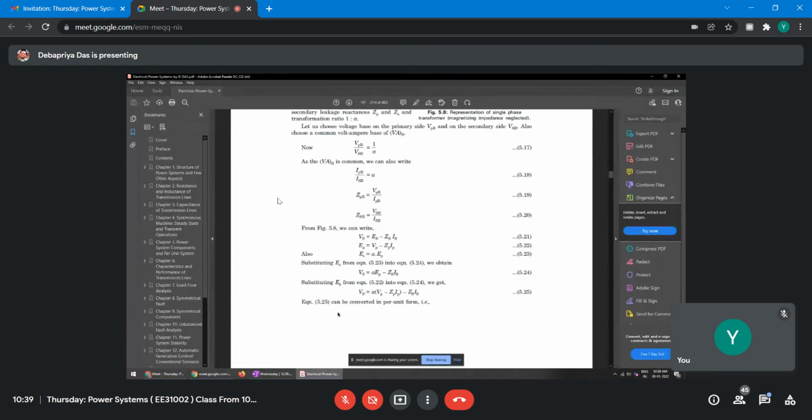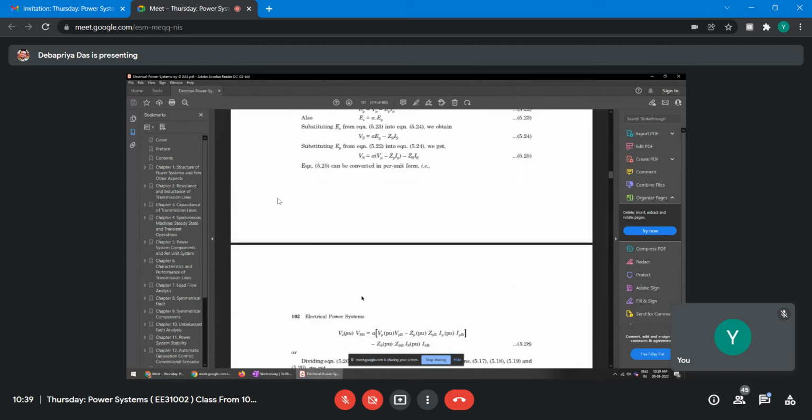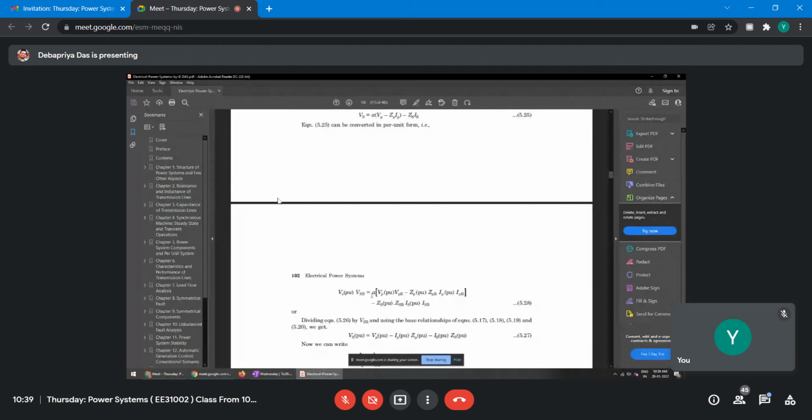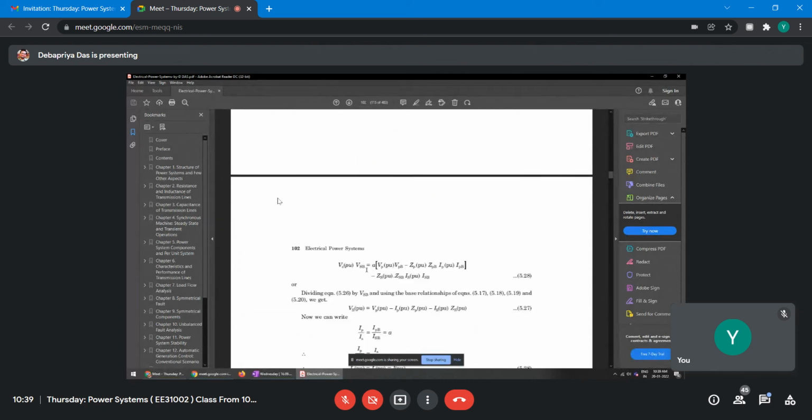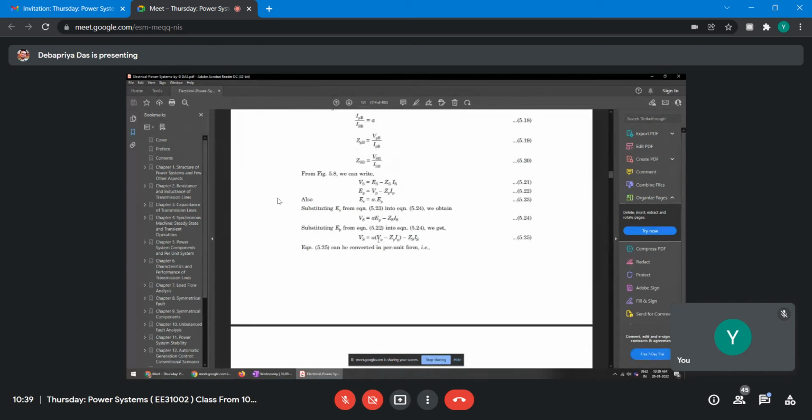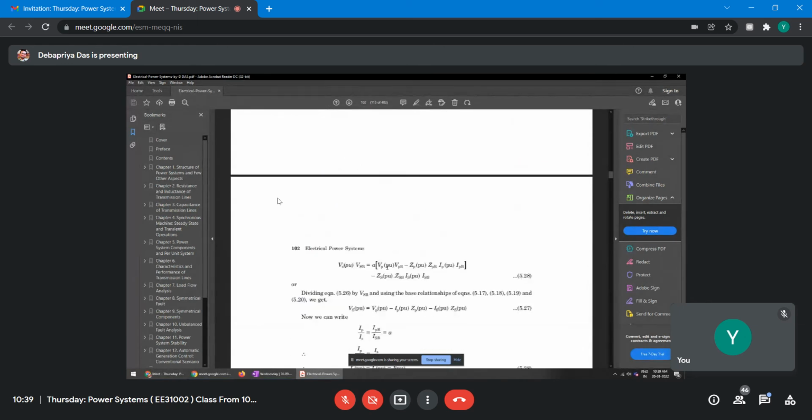So this equation can now be converted into per unit form. This is the secondary side voltage VS, which can be written as VS per unit into the secondary side base voltage, is equal to A into bracket VP, which we write as VP per unit into V primary base.